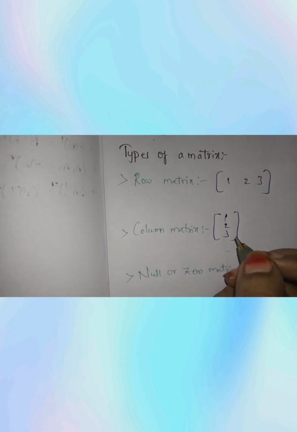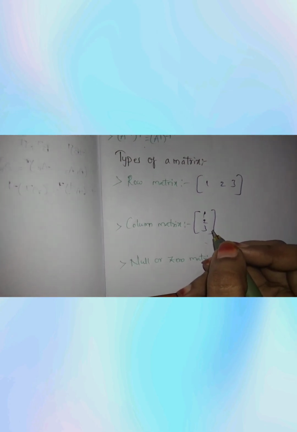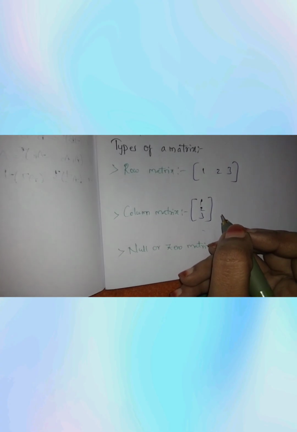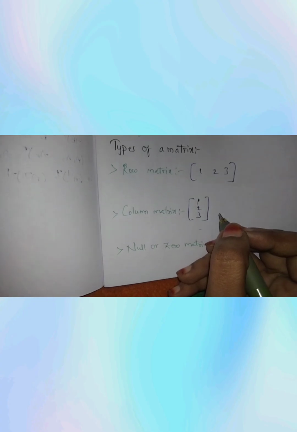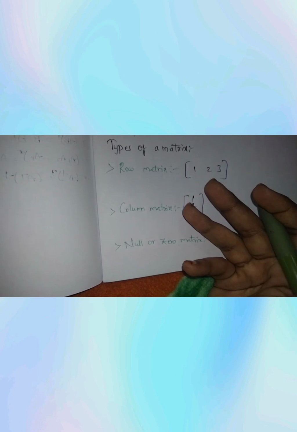Null or zero matrix: all the entries are 0. Any matrix can take any order, it does not matter. It would always be a null or zero matrix, like this.